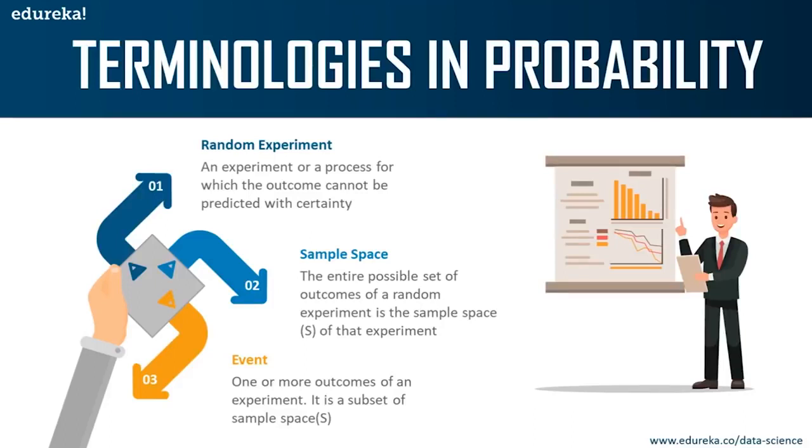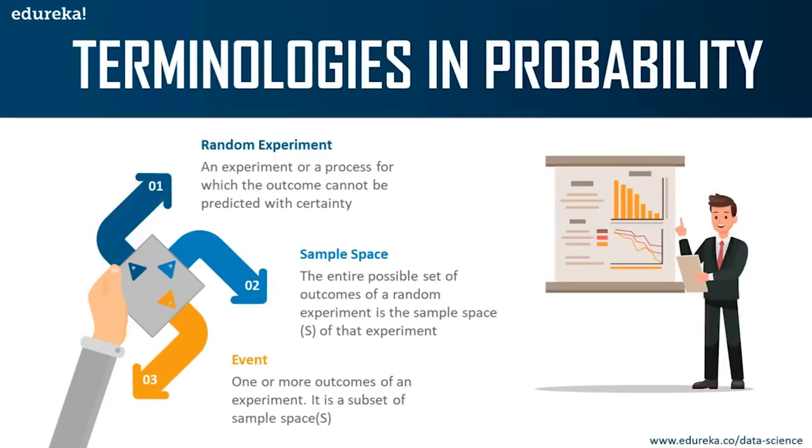So if you consider the example of rolling a dice, let's say that you want to find out the probability of getting a 2 when you roll a dice. Finding this probability is the random experiment. The sample space is basically your entire set of possibilities. Okay, so 1, 2, 3, 4, 5, 6 faces are there, and out of that you need to find the probability of getting a 2, right?